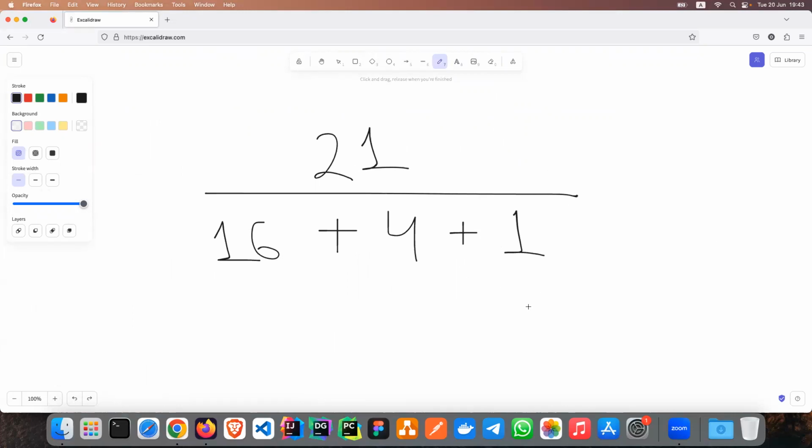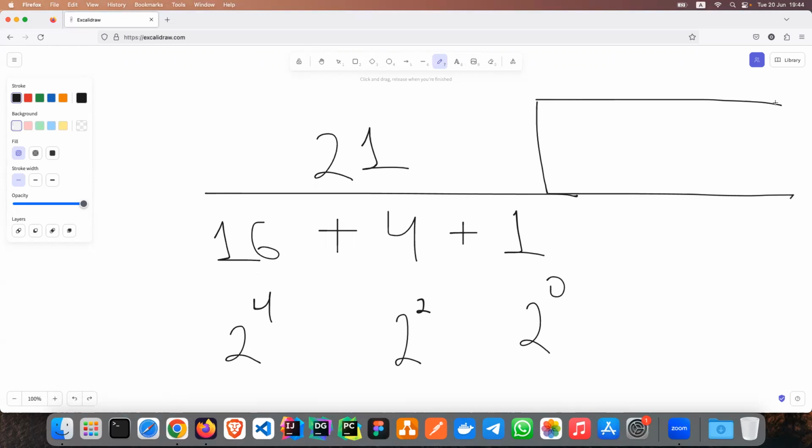Which is 2 to the power of 0, 2 to the power of 2, and 2 to the power of 4. So I will also draw something here, maybe 5 slots: 0, 1, 2, 3, 4.